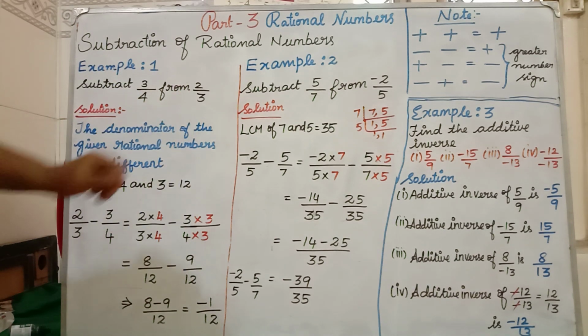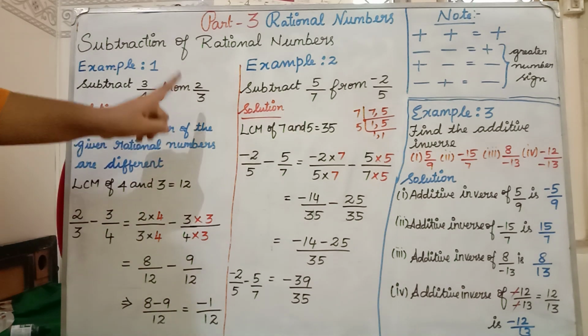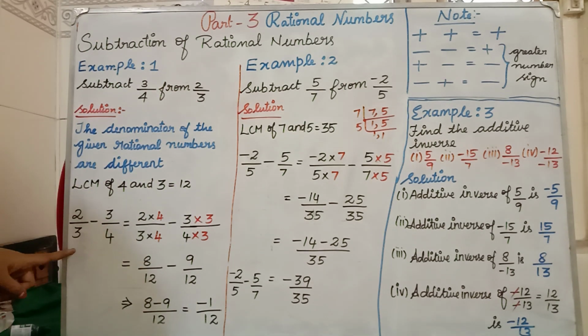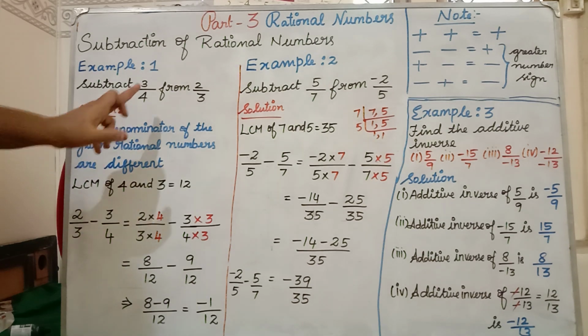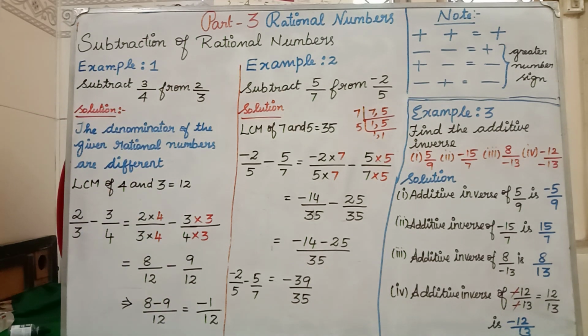If you are blindly seeing the question, you will directly put 3 by 4 minus 2 by 3. That is the wrong answer. What you have to do is write 2 by 3 minus 3 by 4.